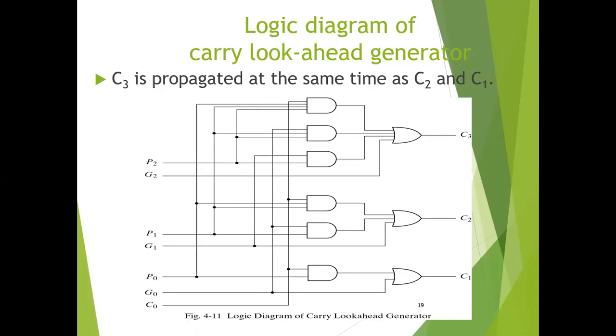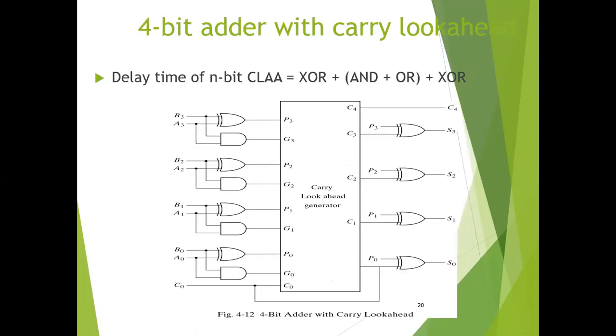The output of the first exclusive OR gate generates the Pi variable, and the AND gate generates the Gi variable.